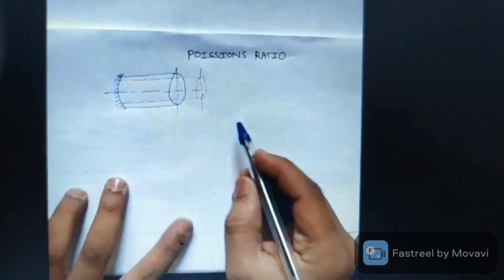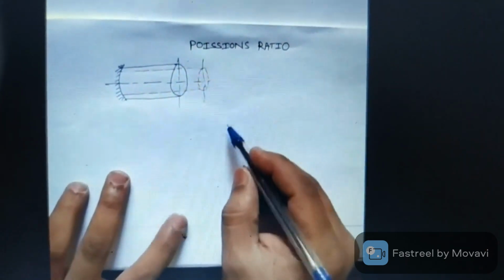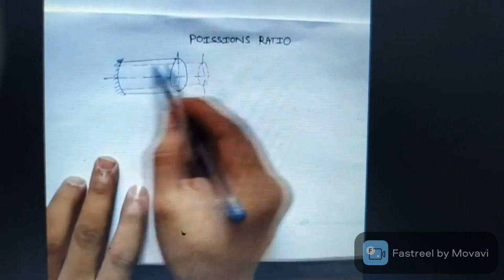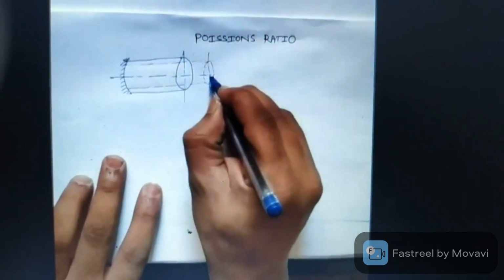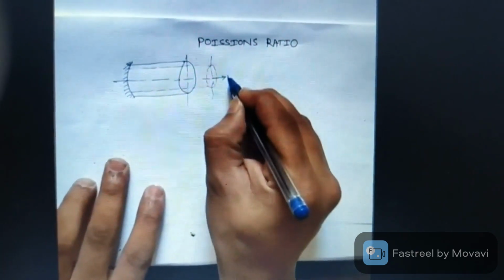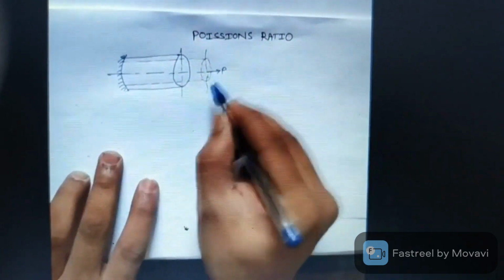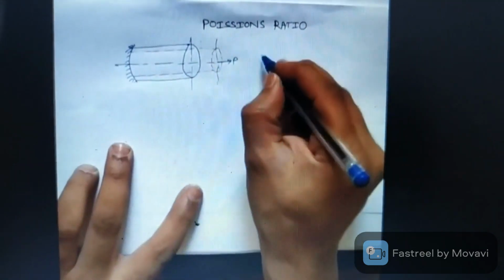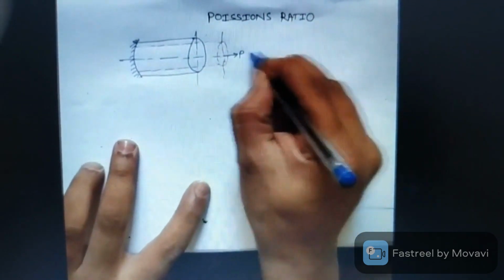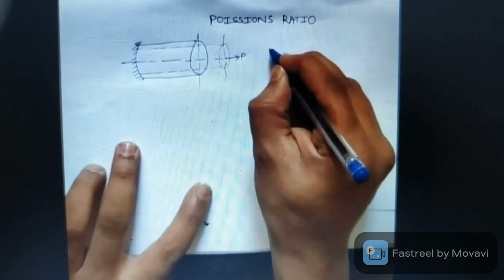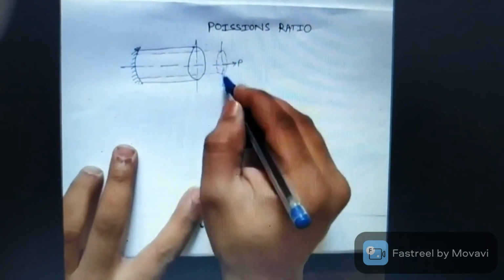Okay, now next. Here we have considered a round bar subjected to a normal force P. We have seen that the normal strain is nothing but the change in dimension upon the original dimension.